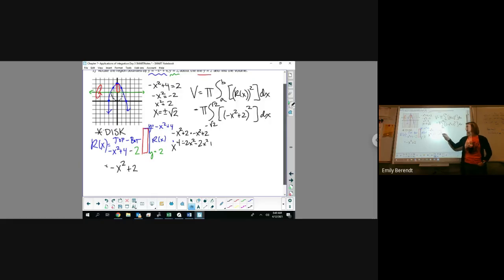And then last, you get a positive 4. So we get x to the 4th minus 4x squared plus 4 as our trinomial that we still need to integrate. So pi from negative root 2 to root 2 of positive x to the 4th minus 4x squared plus 4 as a quantity dx.